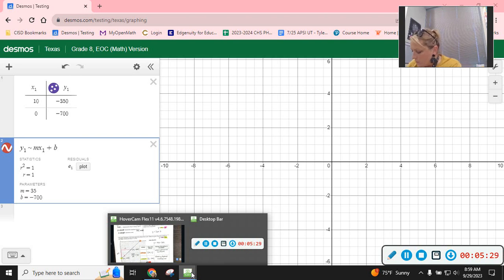And then my slope, we already found it, was 35. So it was rising 35 meters per minute. And we're getting that from this right here. It says it right here. Okay?